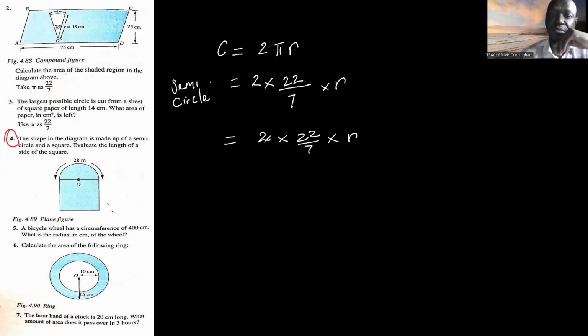So I could put multiply by a half. Let me write it in another color so we know that we're dealing with a semicircle. Anybody lost? Everybody understand where I get this half from? Because we're dealing with a semicircle.